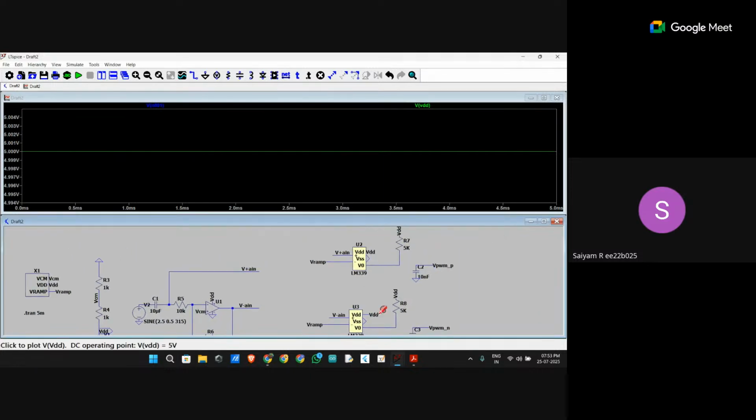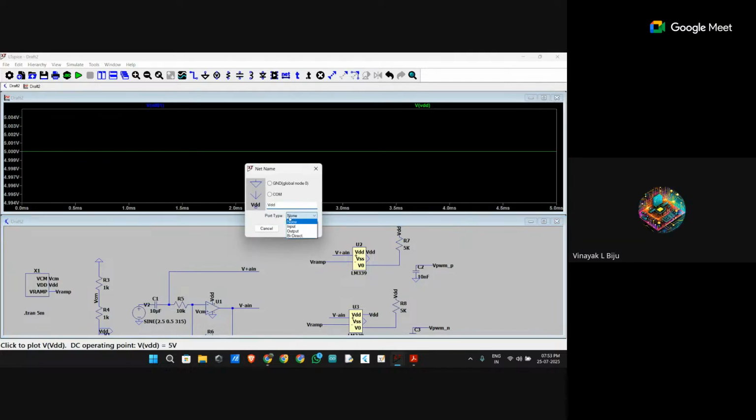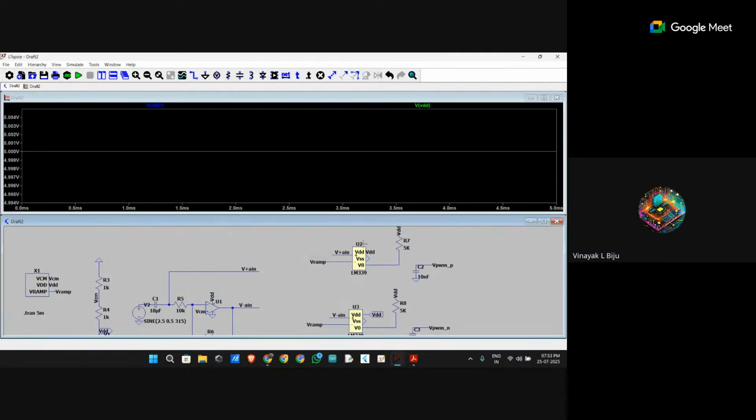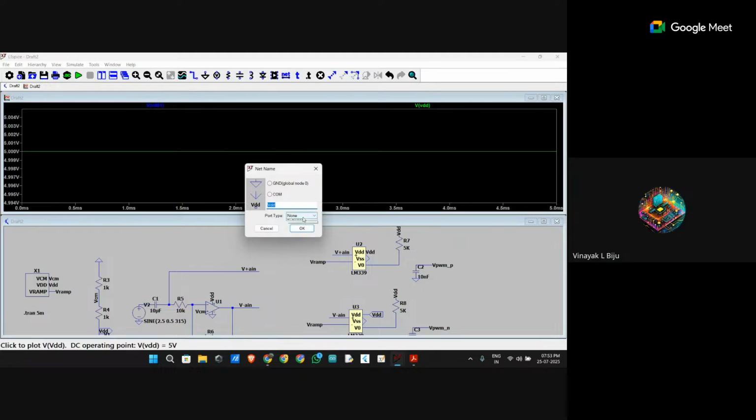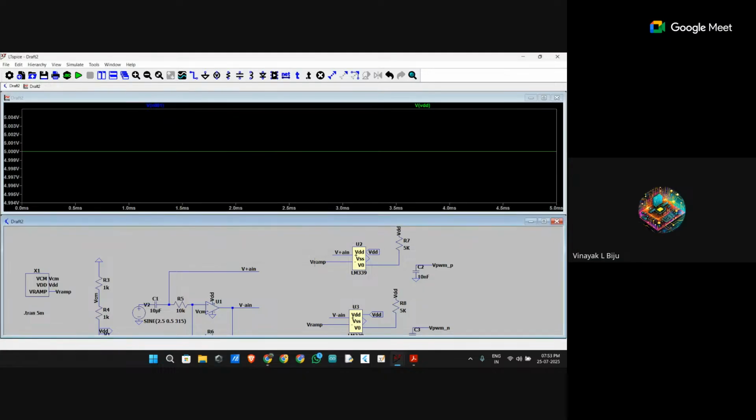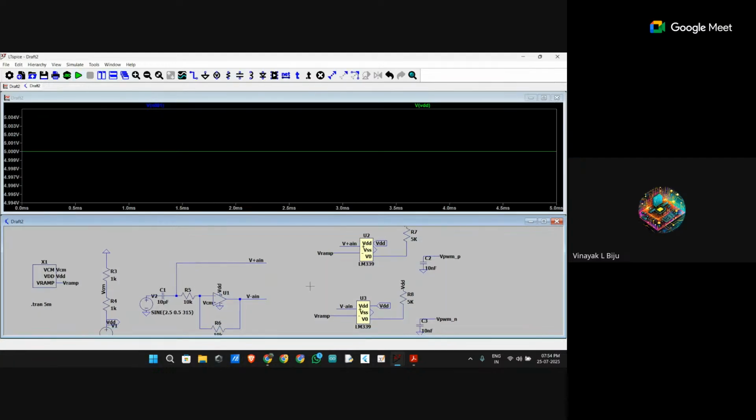And here make it input. Should I change it for the whole circuit?